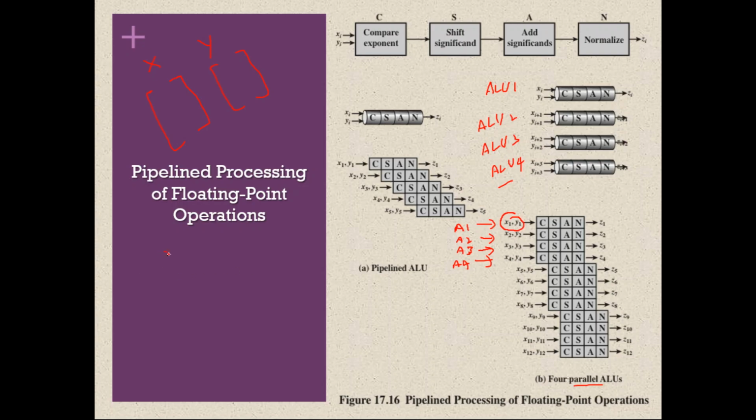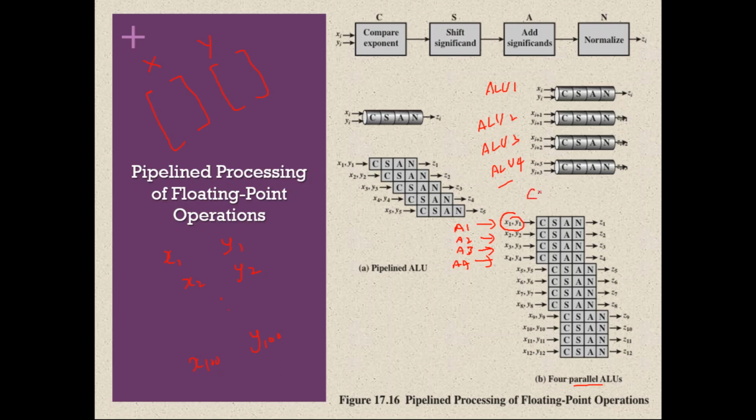So we have X1, Y1, X2, Y2, up to X100, Y100. A1 is working on X1, Y1 initially. A2 is working on X2, Y2. A3 is working on X3, Y3. A4 is working on X4, Y4. Now this is the first clock cycle.